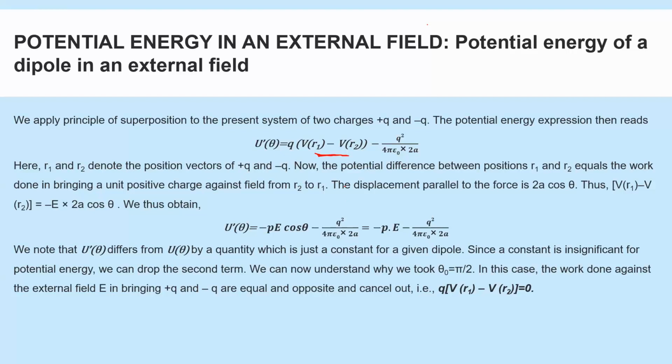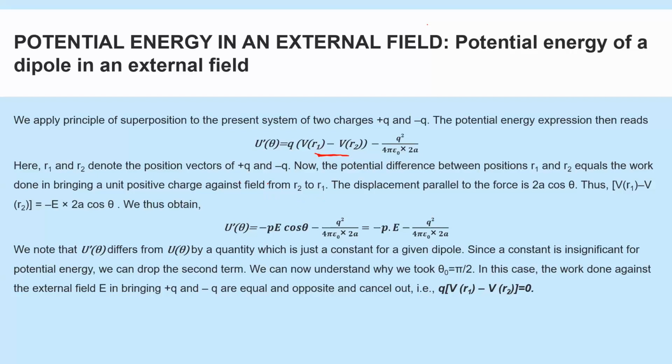Now we can see that the potential difference between positions R1 and R2 actually equals the work done in bringing a unit positive charge against the field from R2 to R1.